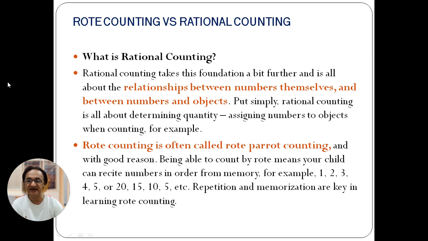It shows the relationship between numbers and objects. How many objects there are, the child has to count the same number. So this is what we call rational counting, which shows the relationship between numbers and objects. Now this is the example which I have already given, okay.